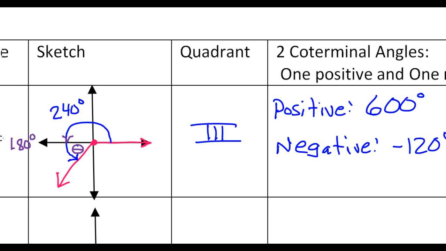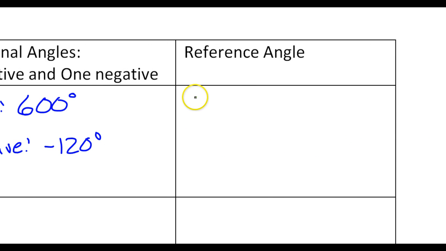So how far past it did I go? Well, to calculate that, I could just do 240 minus 180. So if I do the 240 minus 180, that'll tell me how far past 180 I went.